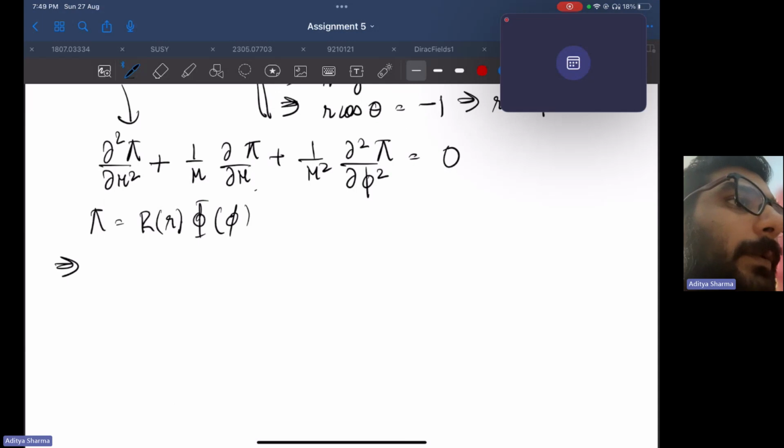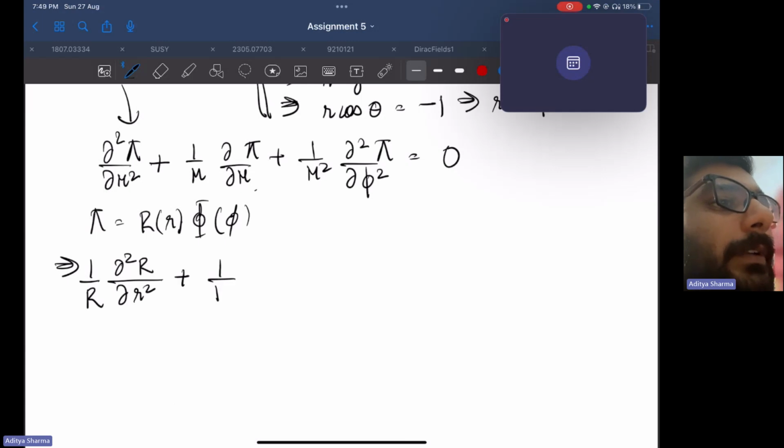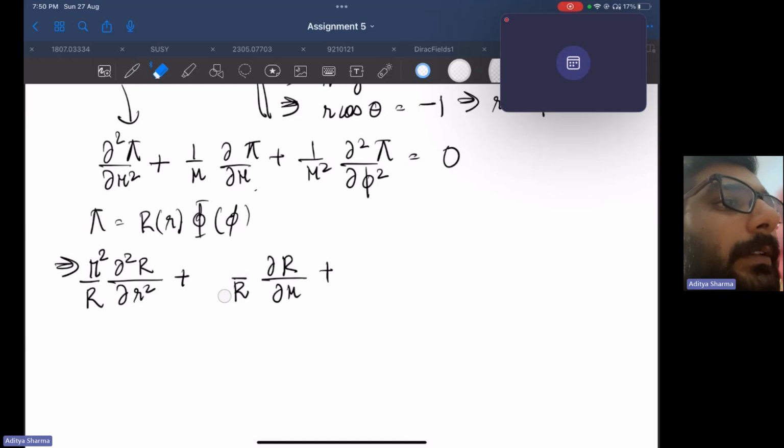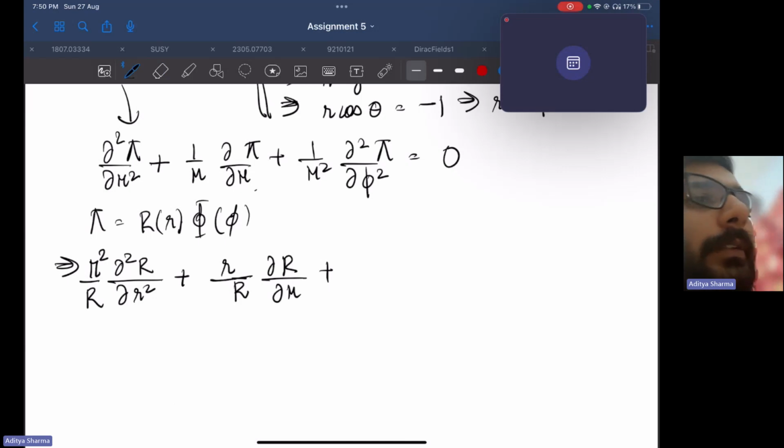So this will change into del square r, so 1 by r del square r del r. And after multiplying r square, I'm going to have r square here, r here, and 1 by phi.